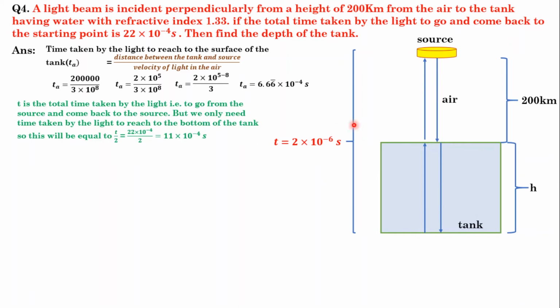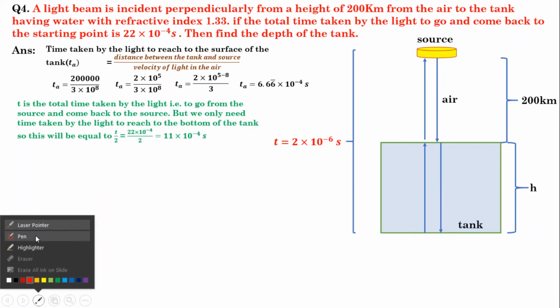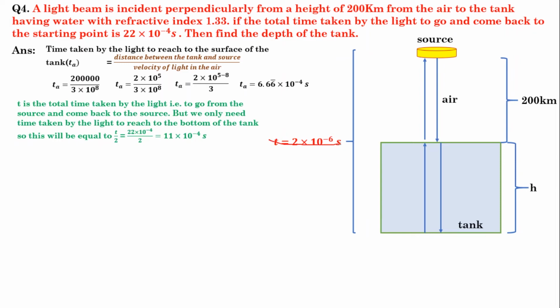We have to divide this total time by 2, because we don't want the coming light. This is 22 into 10 to the power minus 4 second. So t by 2 is equal to 22 into 10 to the power minus 4 divided by 2. So this is 11 into 10 to the power minus 4 second.